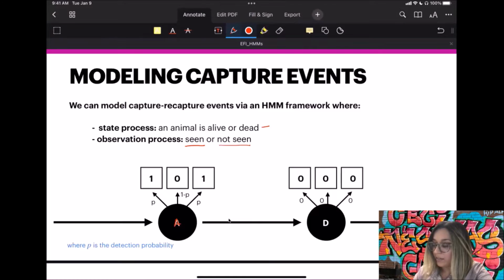If we have 3 different measurements, in one case, we can have a 1 for it was seen. Now, what happens if we do not see it?